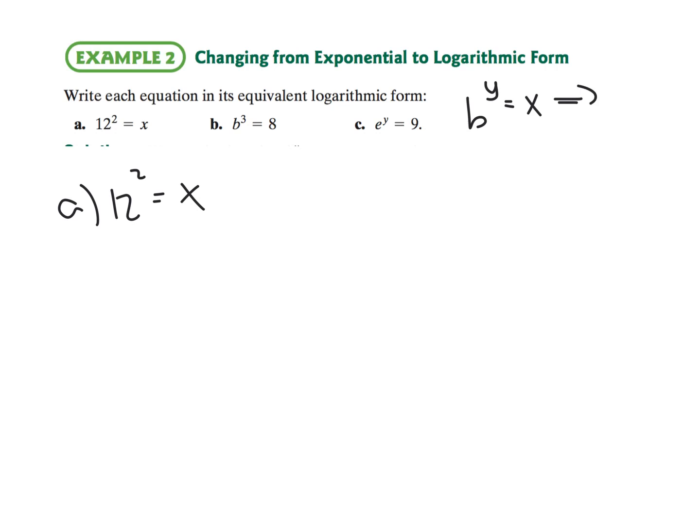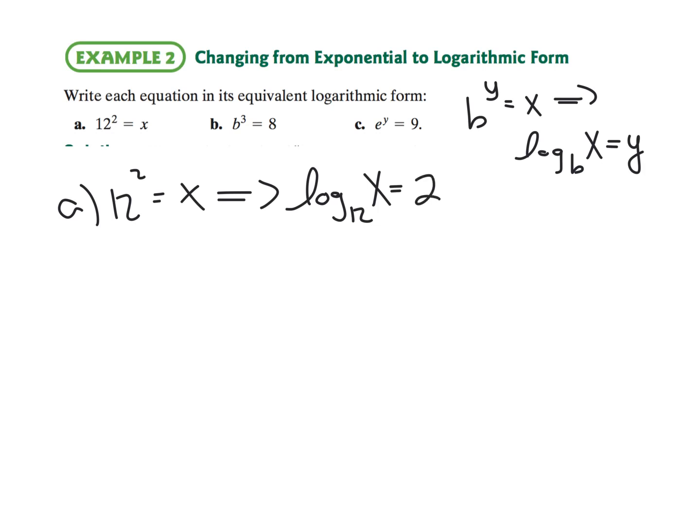This is going to become log base b of x is equal to y. So if we use that, our base is 12, so this is going to be log base 12 of x is going to be equal to 2.